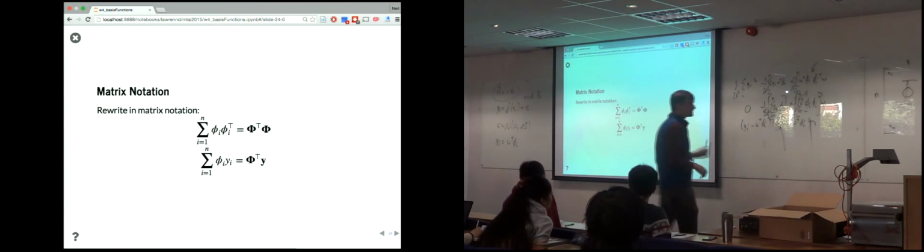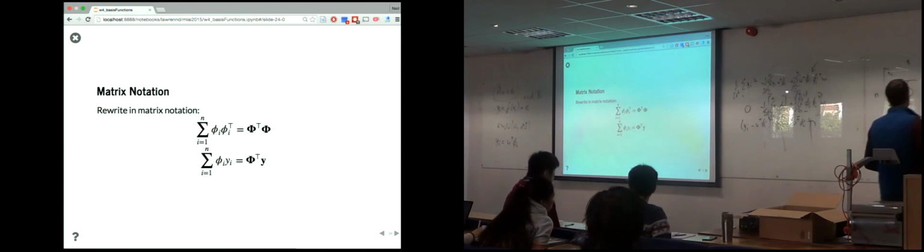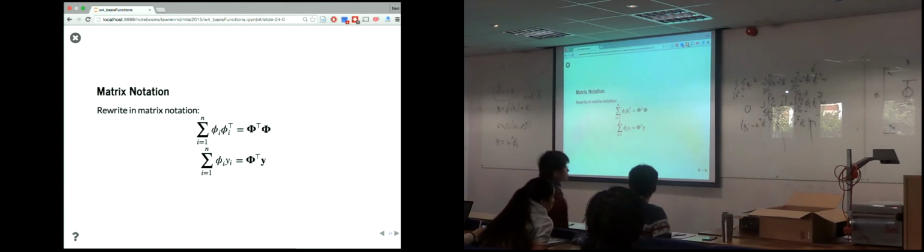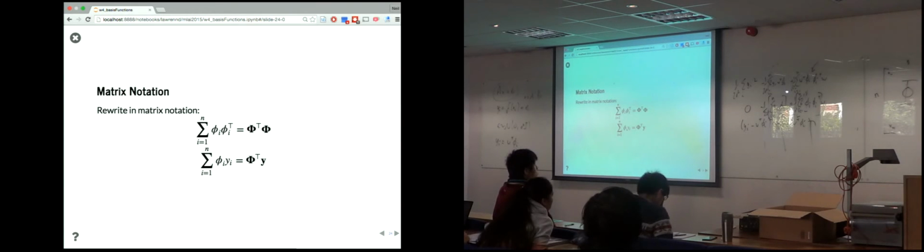Now, if I take one of those matrices phi and multiply it by another of those matrices phi, we get this thing out. So let's have phi transpose multiplied by phi. So this is phi, and this is phi transposed. We've got that the wrong way around, haven't we?